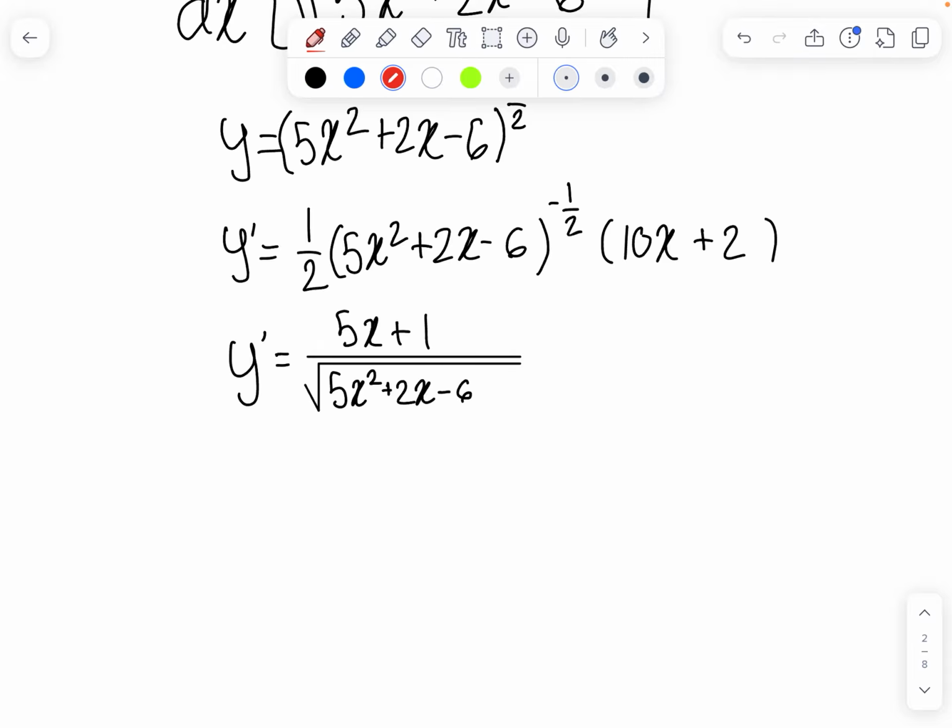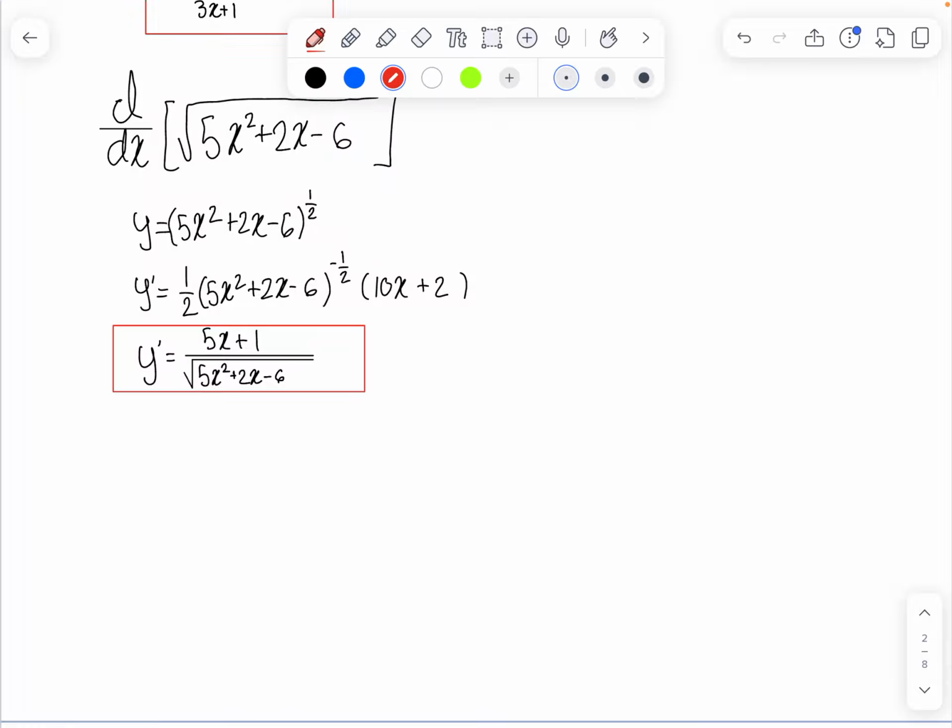And that's the derivative. Okay, hopefully you got that question correct, so let's move on to the next question.